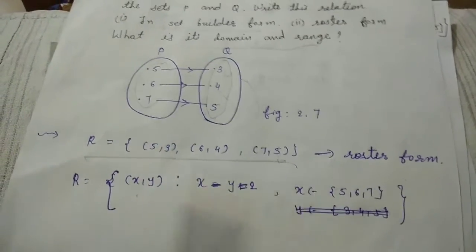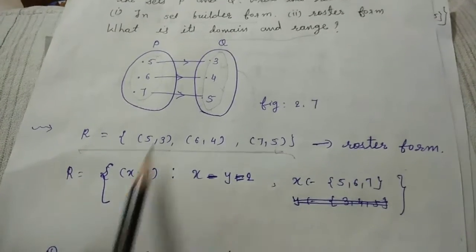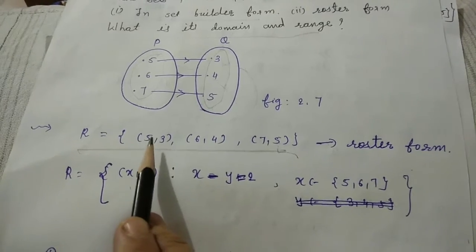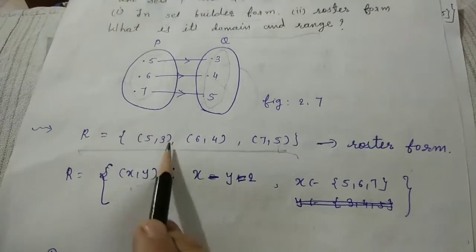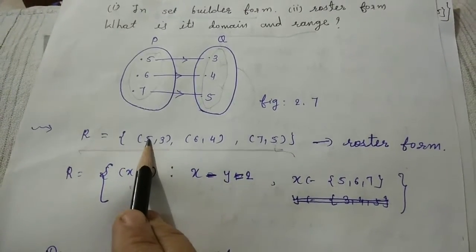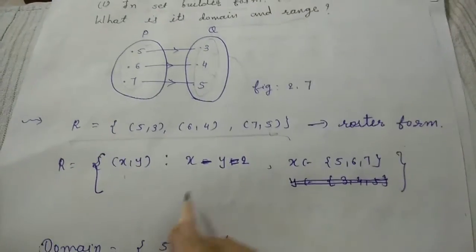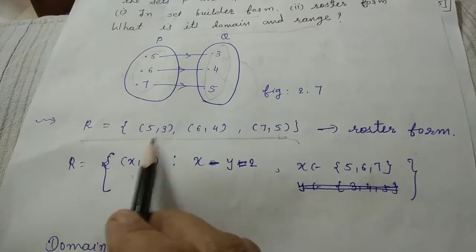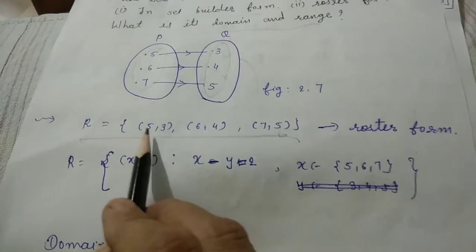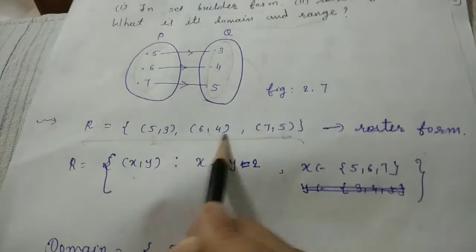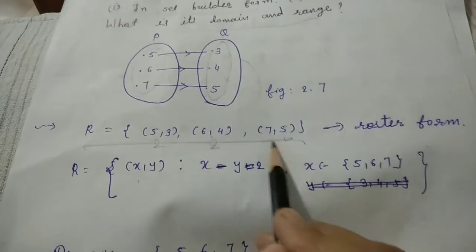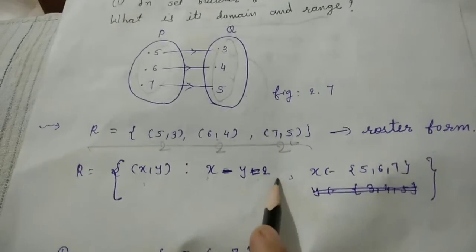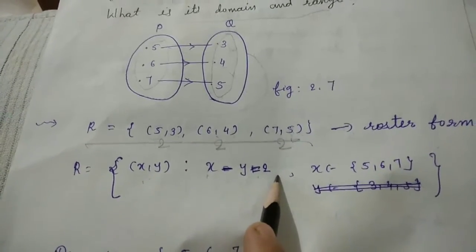Now if you want to describe the relation, how can we find x, y? If x is equal to 5, then y is equal to 5 minus 2. So you can write it in three ways, and you can check the difference in each pair is 2: 5 minus 3 is 2, 6 minus 4 is 2, 7 minus 5 is 2. So the relation I have written is that the difference is 2. x minus y is equal to 2.